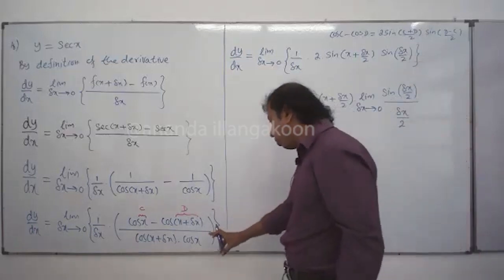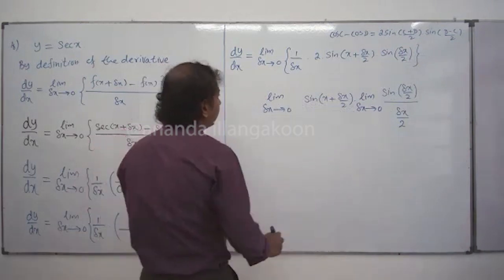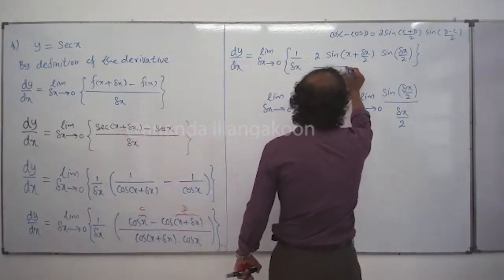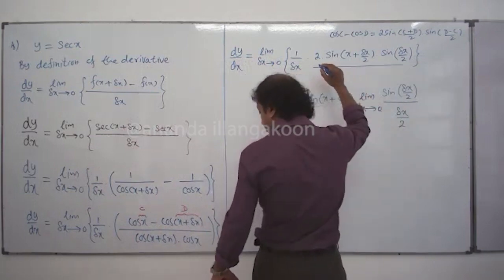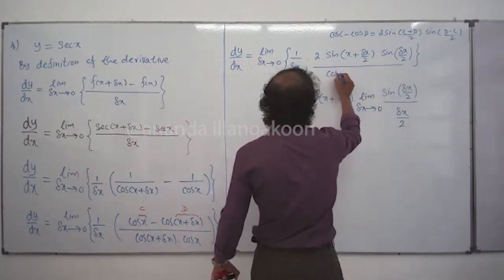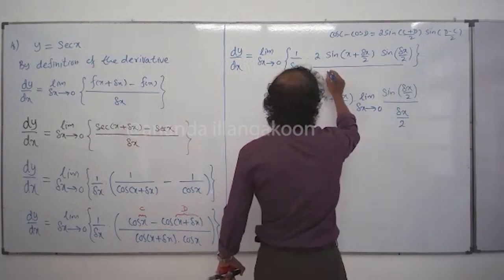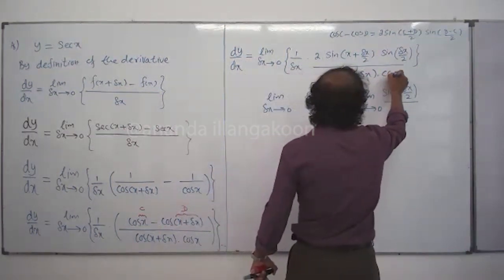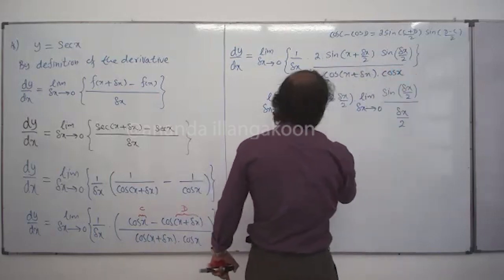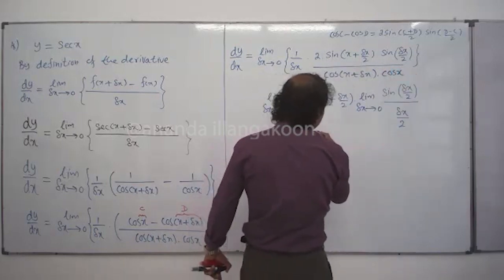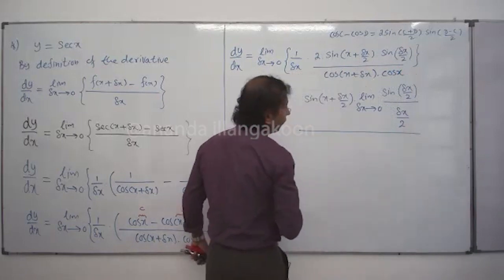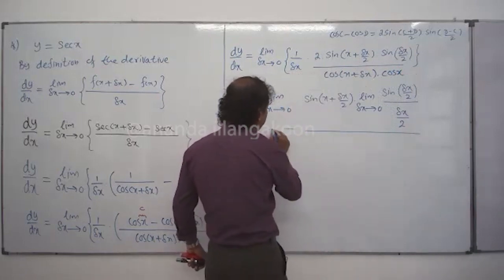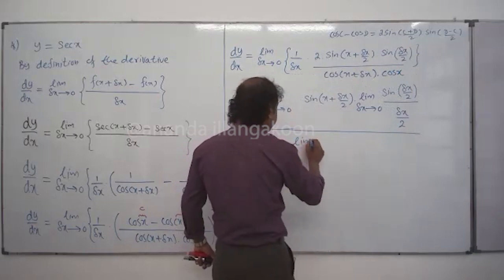Right. In addition to that, people, this denominator cos(x plus delta x) also we have. That I forgot to write. Here we have that also, cos(x plus delta x) into cos x, right? Here, that I am going to write. For that also, I am going to apply the delta x limit going to 0.